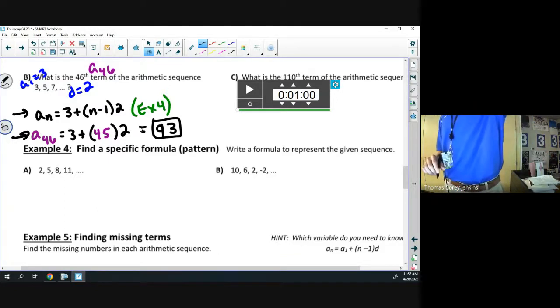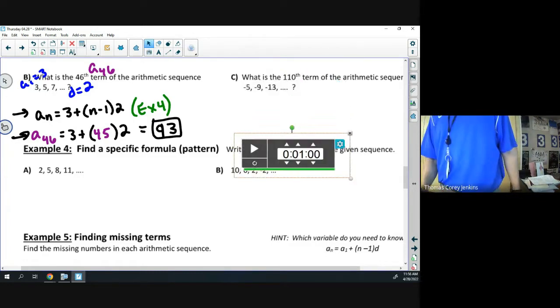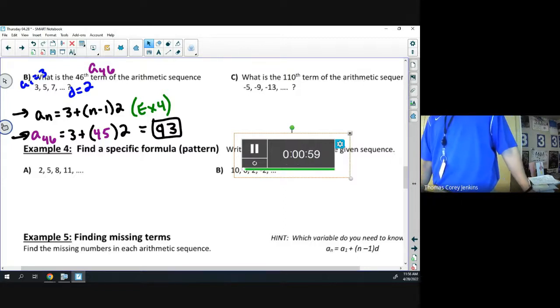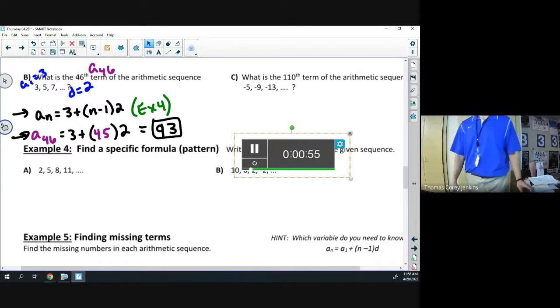All right, now I want you guys to try to find the 110th term of the sequence starting with -5, -9, -13. So they give me a sub 1, a sub 2, a sub 3. So what would a sub 110 be?